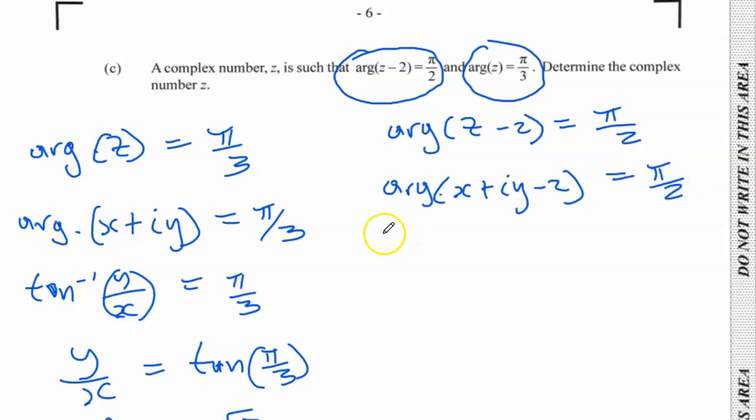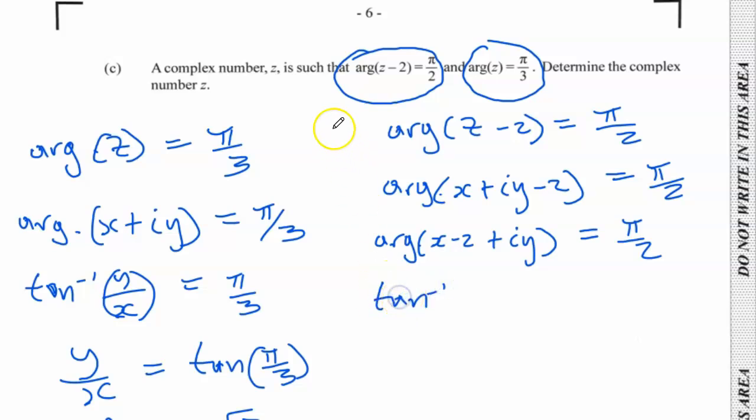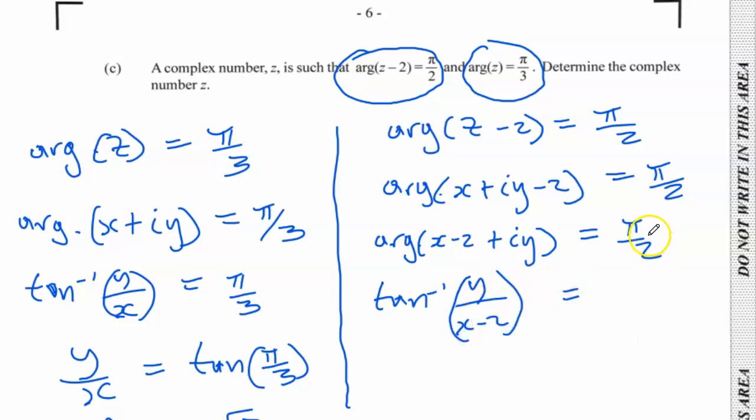Let's put the real parts together. The real part would be x minus 2 plus iy, equal to pi over 2. And again, the argument is tan inverse, the imaginary over the real. So tan inverse y over x minus 2 is equal to pi over 2.